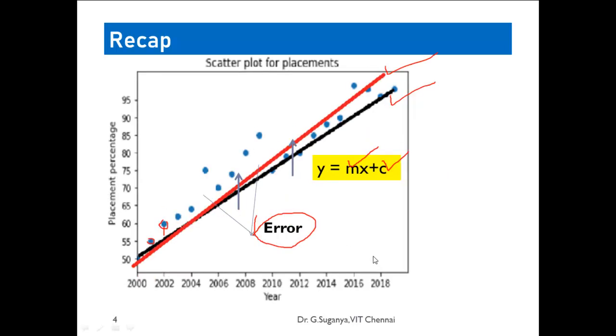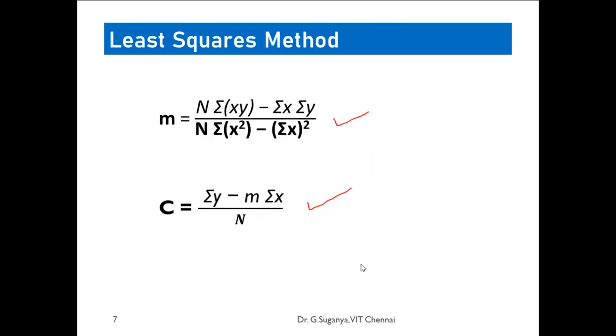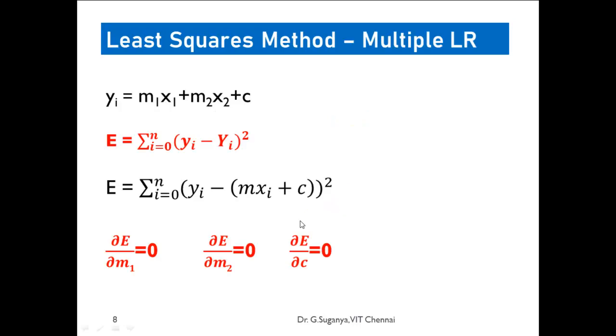Now, these are the values that result after partially differentiating the loss equation. Suppose you have multiple linear regression, then how is it arranged? It's very similar to simple linear regression.